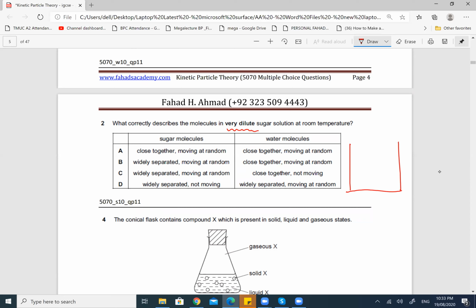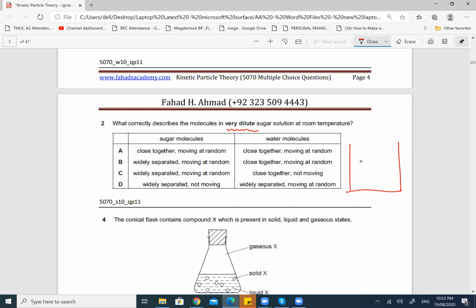So why is it not moving down? Low, close together, moving around. B. Widely separated, moving at random, close together, moving at random.